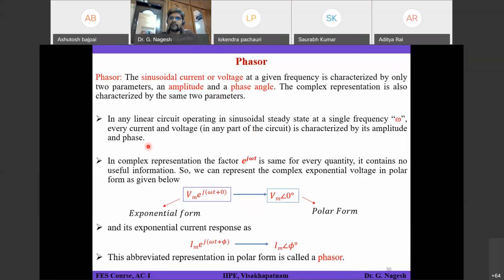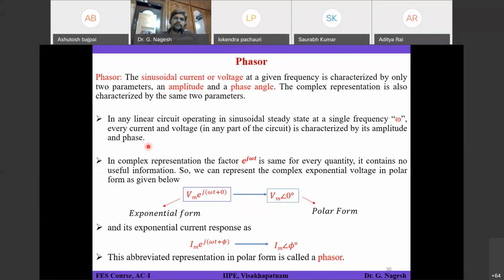Then current or voltage in any part of the circuit will also have the same frequency. Since it's a linear circuit, the frequency for the entire circuit remains the same if all the sources present are having the same frequency. It's as simple as the frequency of the source will only be present in any part of the circuit.